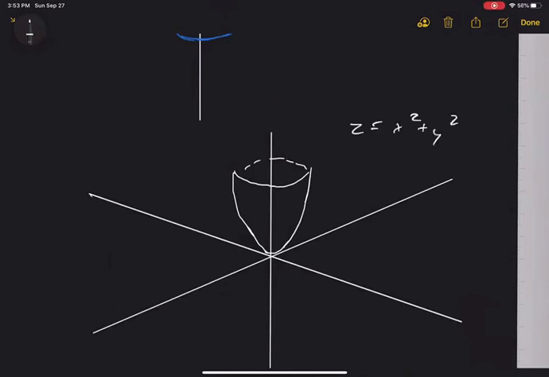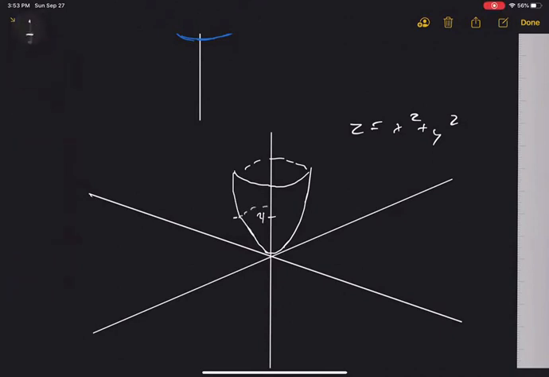So when I say z is equal to 4, you're picturing taking a plane. It's almost like taking a cross section, like we did in 12.6. What is the cross section when z equals 4? It's just that circle.